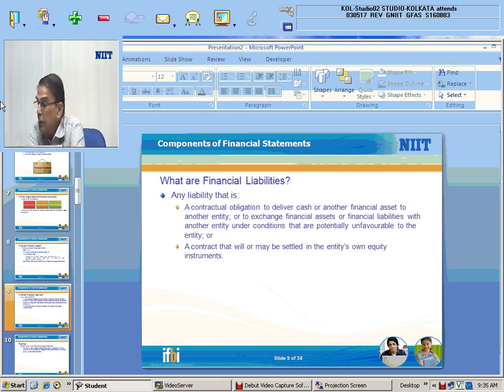Any liability that is a contractual obligation to deliver cash or another financial asset to another entity, or to exchange financial assets or financial liabilities with another entity under conditions that are potentially unfavorable to the entity, or a contract that will or may be settled in the entity's own equity instrument. That is the definition of financial liabilities, FL. So a contractual obligation.